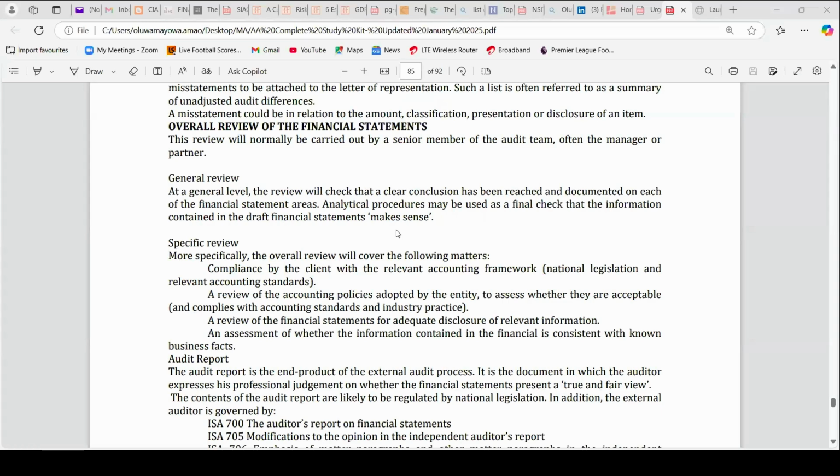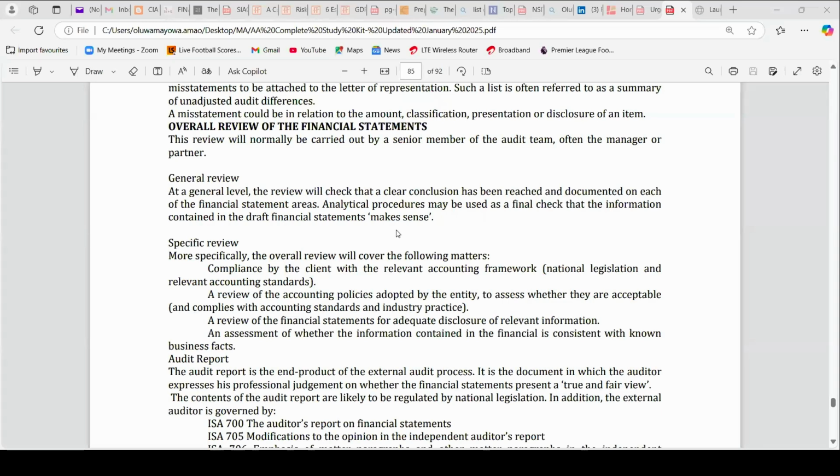Now, after this overall review of the financial statement, after evaluation of the statement, after obtaining the written representation from management, then the auditor can prepare his audit report. In preparing the audit report, just like I said, there are standards that guide the audit work. There are about 4 standards that speak to preparation of the audit report. Two of those standards are covered in your syllabus: ISA 700 and ISA 701.